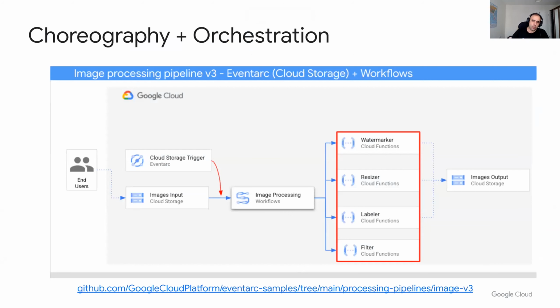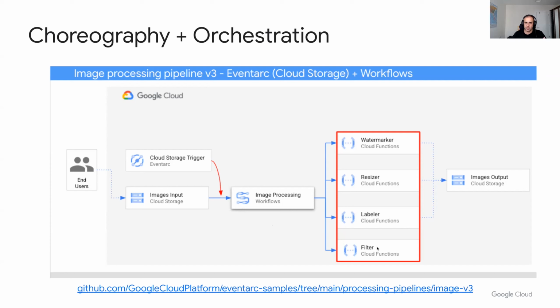And once you have the orchestration, you can also do cool things like combining event-driven architectures with orchestrated architectures. So I have this example. I'm not going to show the details here, but just to mention it, it's an image processing pipeline where a user saves an image to a storage bucket, and that triggers an event via Eventarc that goes to Workflows, orchestration, and the workflows will process this image using some functions.